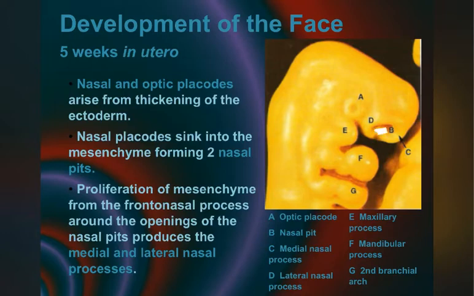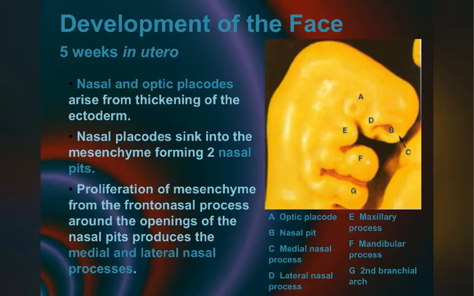The nasal pit will be the future opening of the nasal cavity, or what's called the nostril. It starts its development as nasal placode. Placode is a thickening of the epithelium.